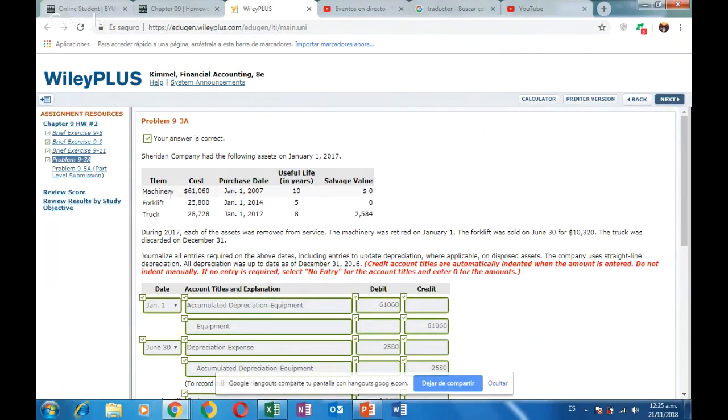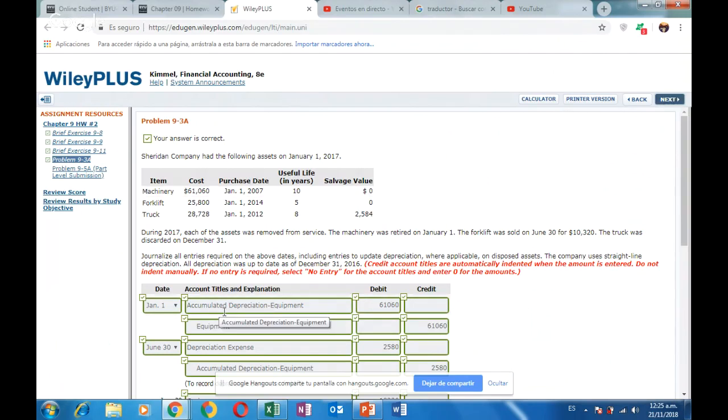We have machinery, which has a useful life of 10 years and no salvage value.